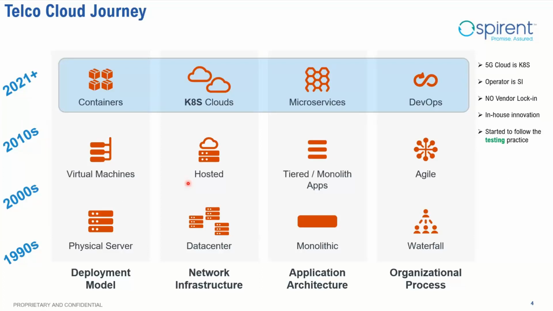So it was like many vertical clouds inside the operator network. It was very hard to manage. But with Kubernetes, that is not going to happen now. Kubernetes allows one cloud platform, just one cloud platform, and any vendor application to run on Kubernetes.